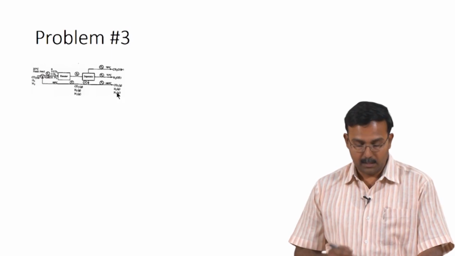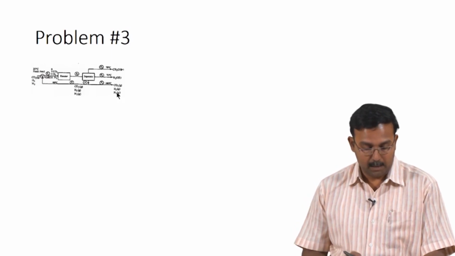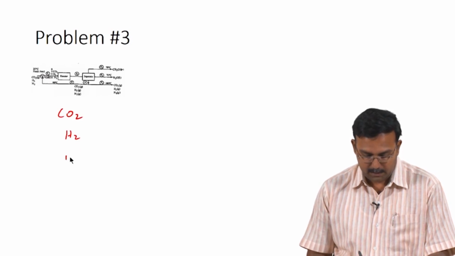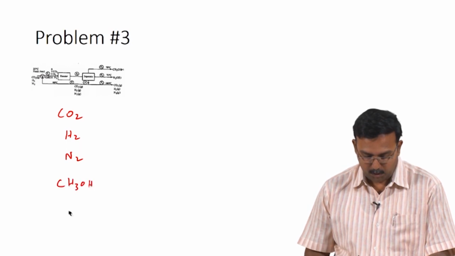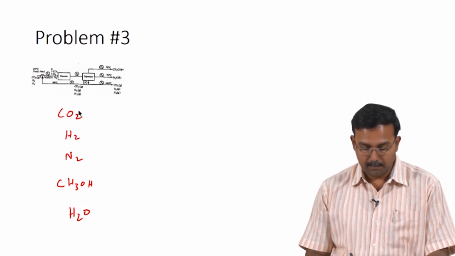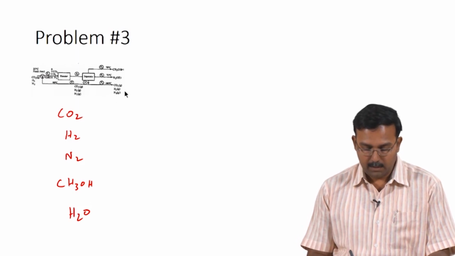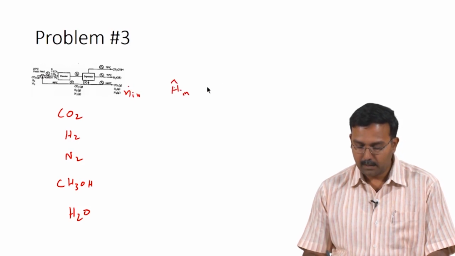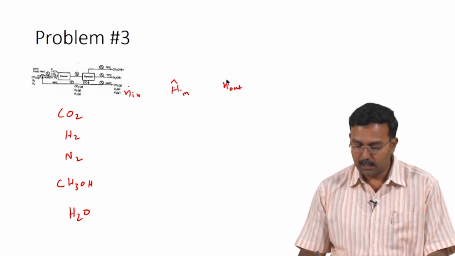So, let us now write the enthalpy table for this. You would have carbon dioxide, hydrogen, nitrogen, methanol and water. So, these are the components which are crossing the system boundary. So, you have N in dot, H cap in, N out dot and H cap out.